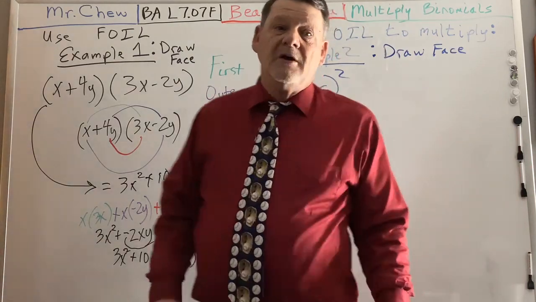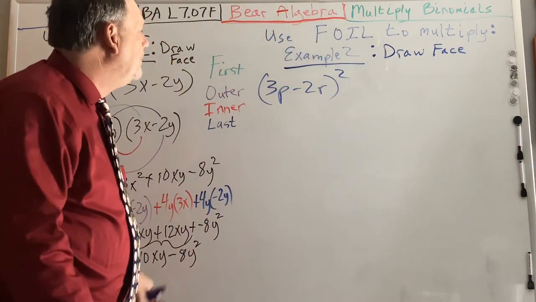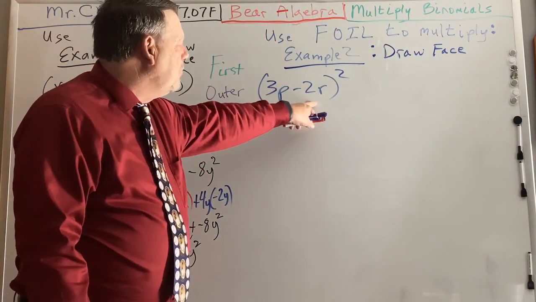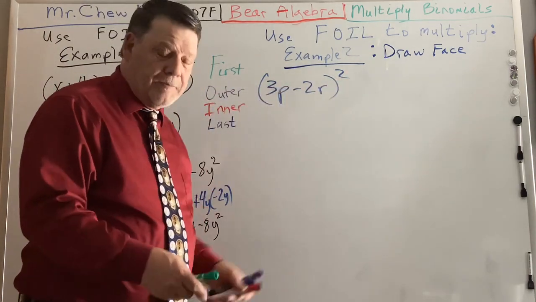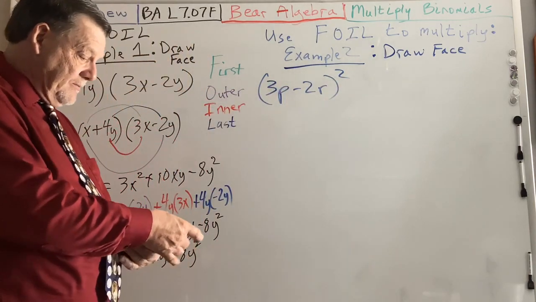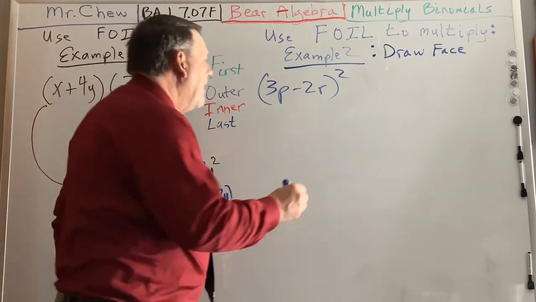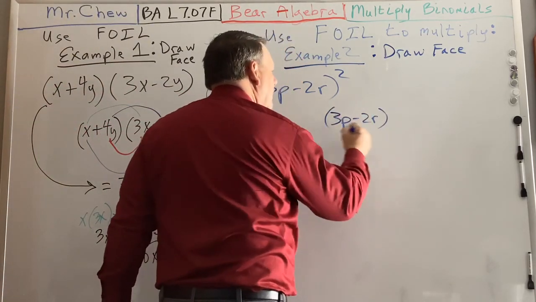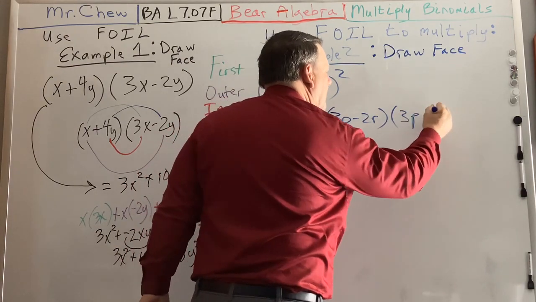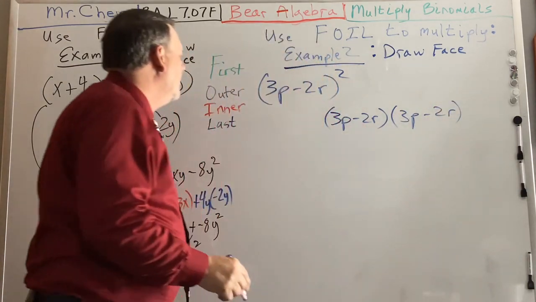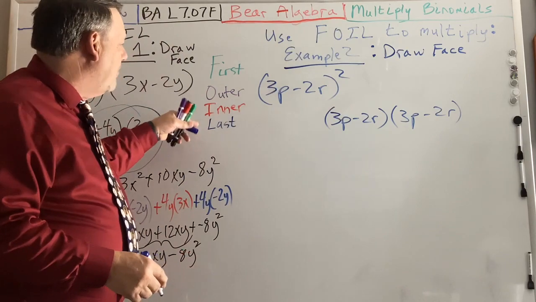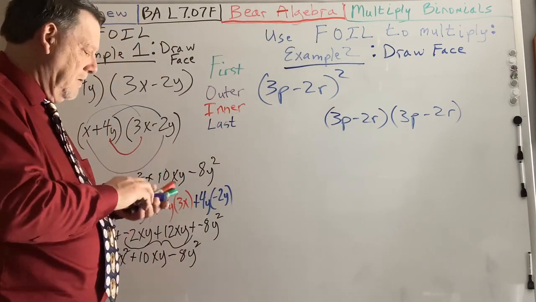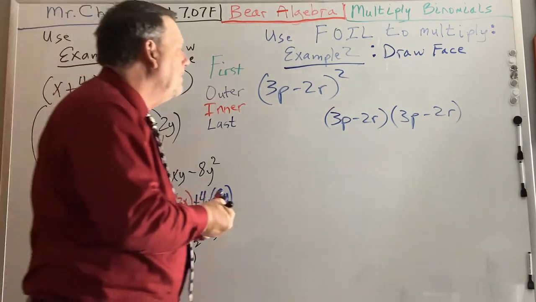All right, now let's go to example 2. If I have 3p minus 2r all raised to the second power, what does that mean? That means that I have 3p minus 2r times 3p minus 2r. Now let's use our first, outer, inner, last shortcut here.